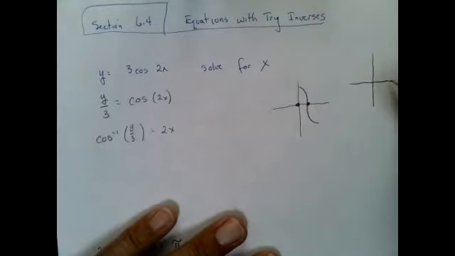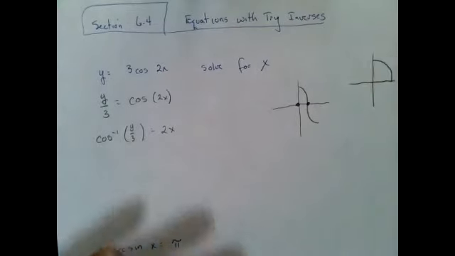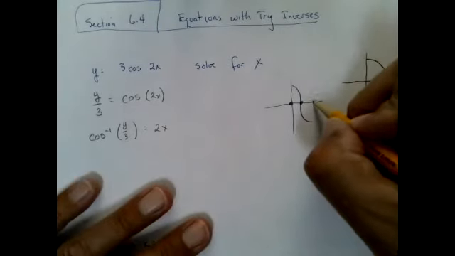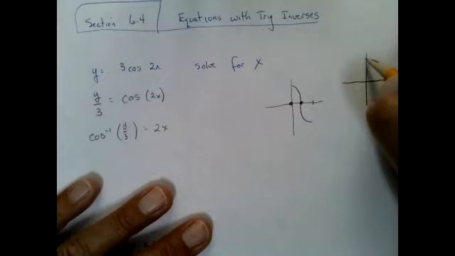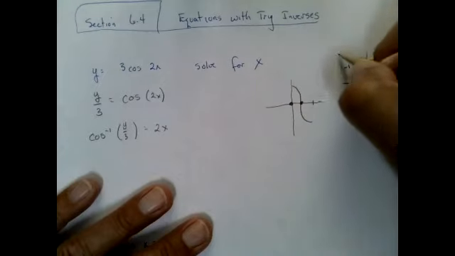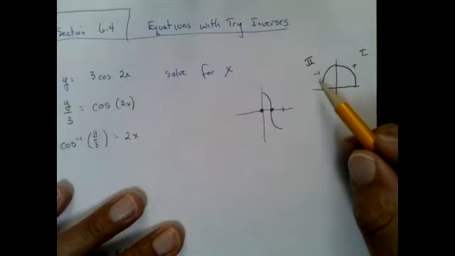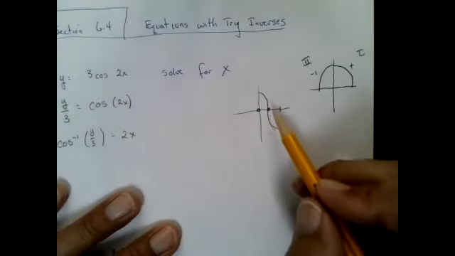If I go to my unit circle, 0 to pi over 2 is the first quadrant, which is the positives. And my other restriction went from pi over 2 to pi, and that was all of my negative values, so that was the second quadrant.